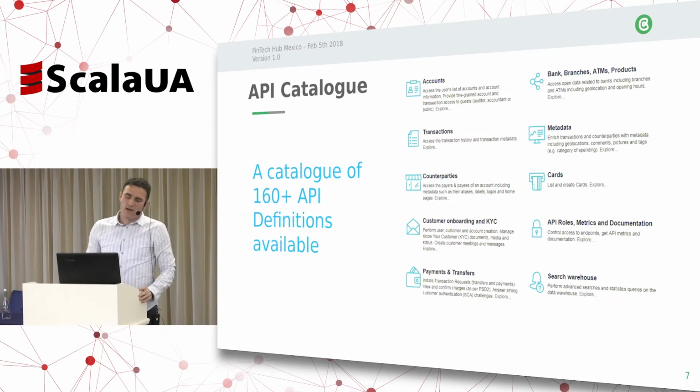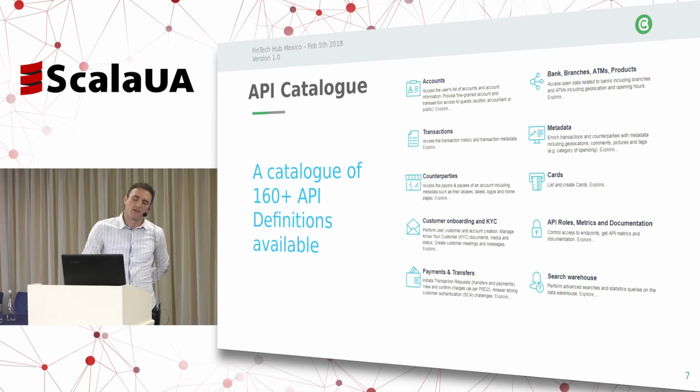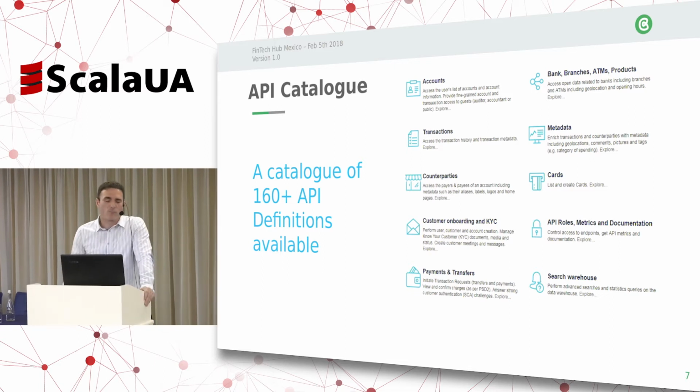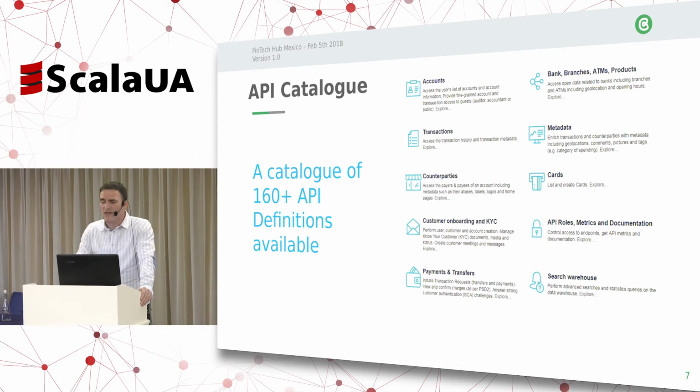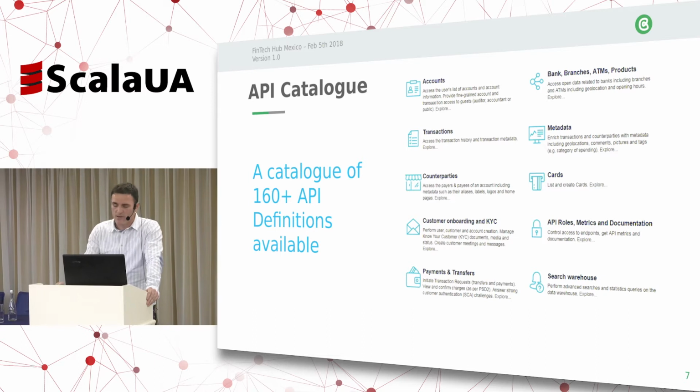So this is our API catalog. Till now we have more than 160 API definitions. These API definitions are actually API endpoints, RESTful endpoints.